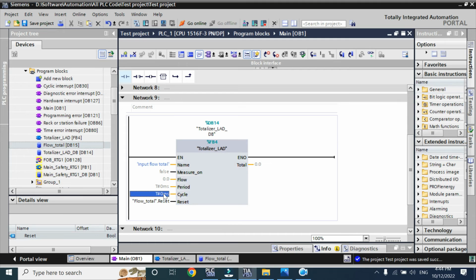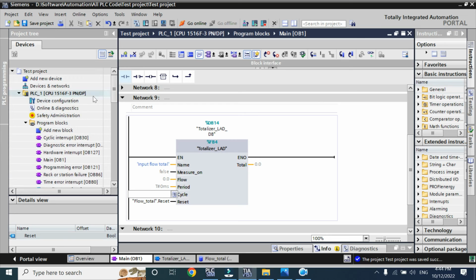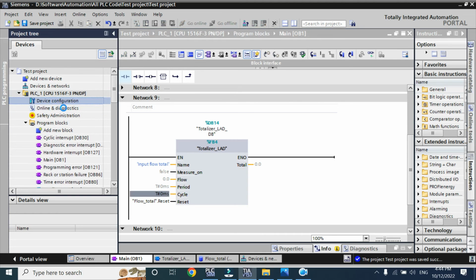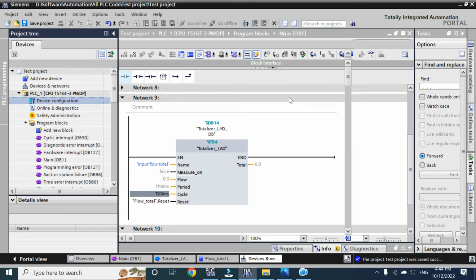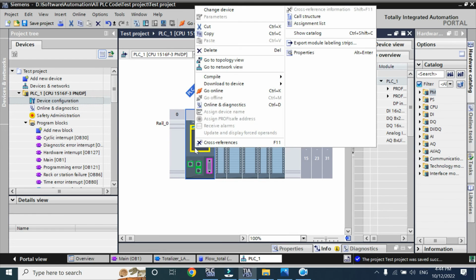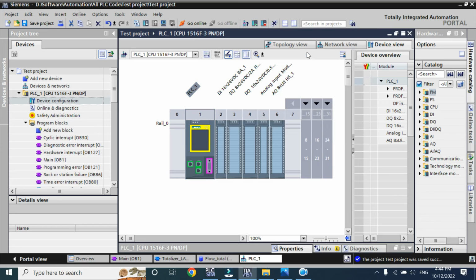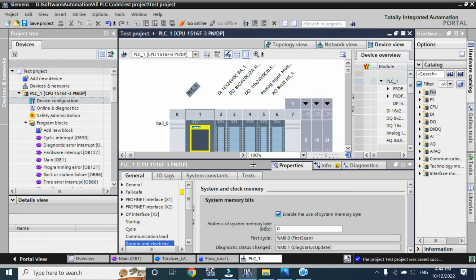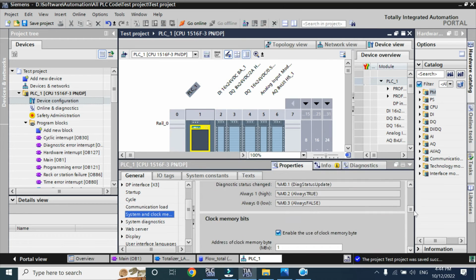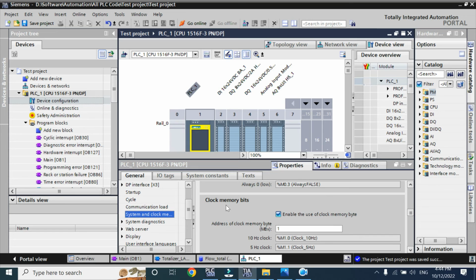And cycle time: if you use the clock memory, then you have to use the fastest sample you have, and it is only 100. Okay, if you go to the device here, go to properties, in system and clock memory, you can see that I have enabled the clock memory bit.